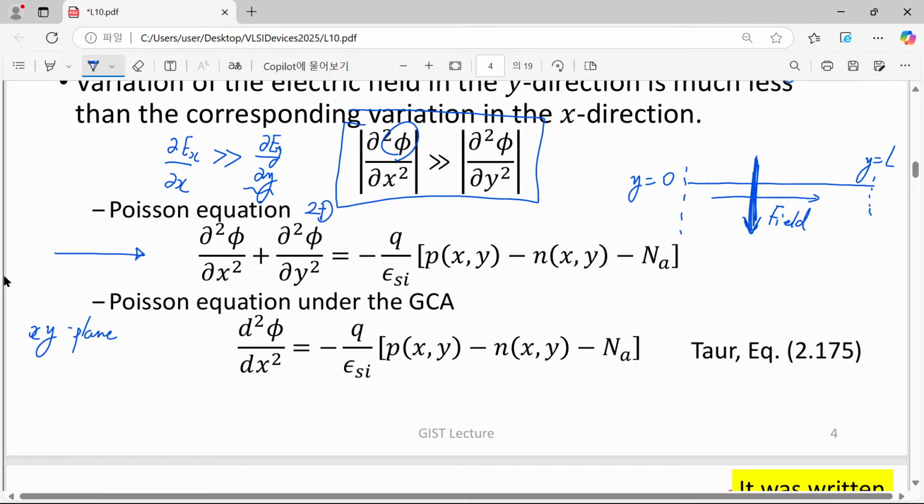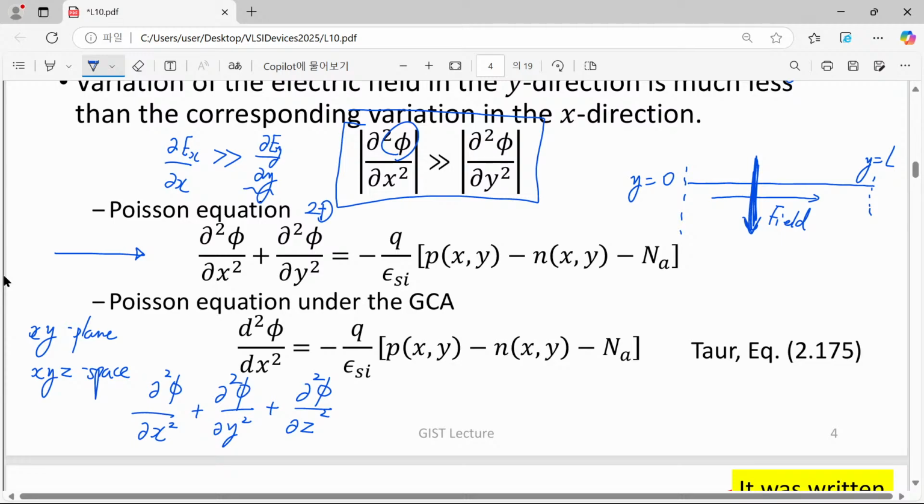More generally, we have to consider x, y, z space. So in this x, y, z space, what we have to do is actually this one. Second derivative along x direction, y direction, and also we have to consider the second derivative with respect to z direction.